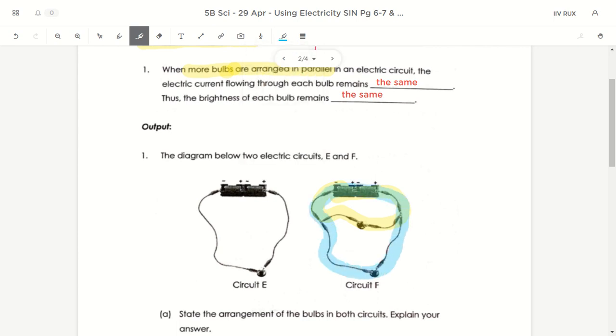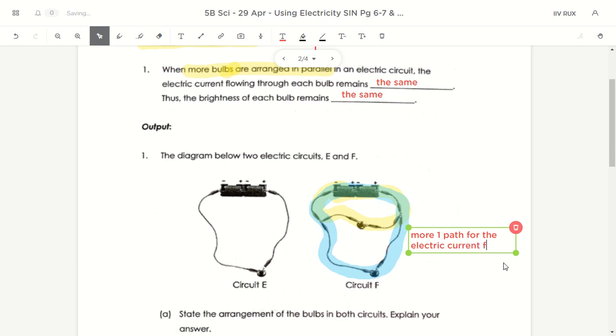Okay, so there are two different paths the electric current can flow, because there's more than one path for the electric current to flow, that's why we say they are connected in parallel.